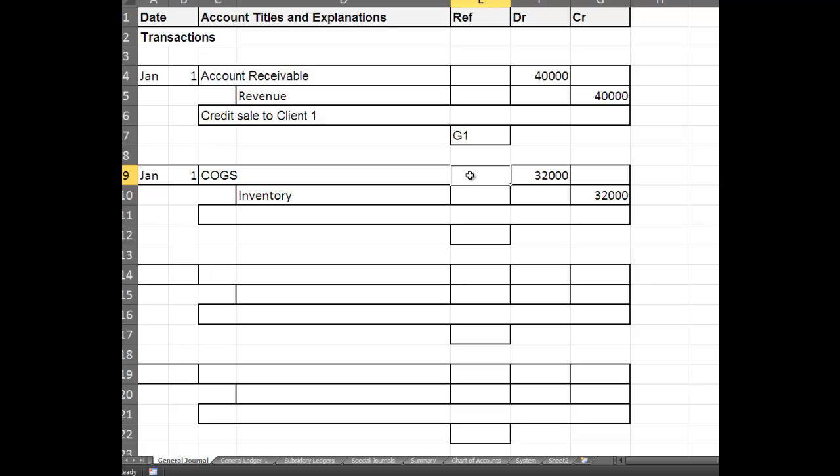Now I do have one problem here that I've just realised: I do not have an opening inventory. What will I do about that?